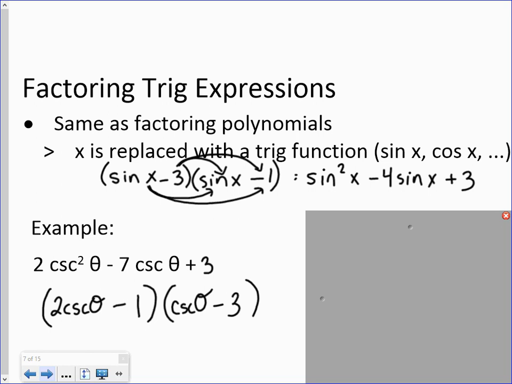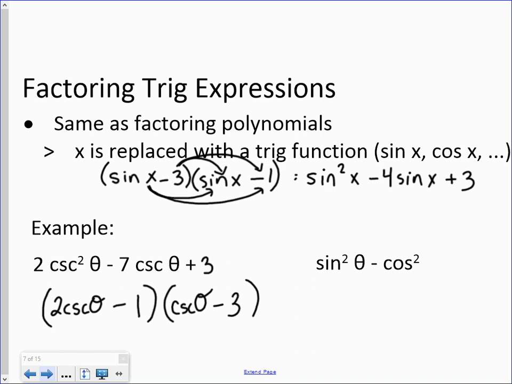There are some, and this is one that I think would be really hard for newbies to factor, just because it looks so different than what we're used to. So it looks like sine squared theta minus cosine squared theta. And if I were just looking at this at the beginning, I'd think, well, gosh, how do I factor that if they're not even the same kind of trig function?